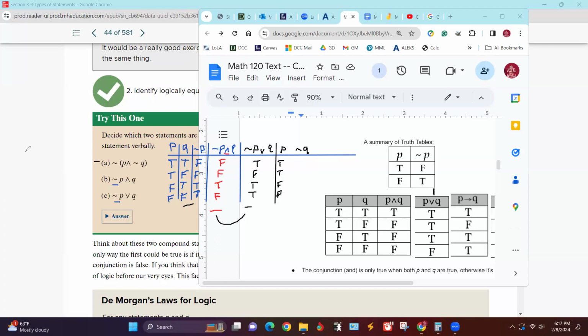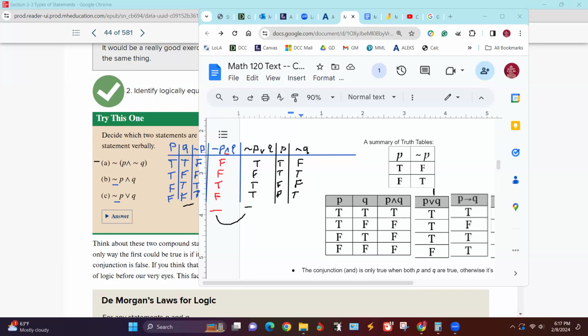Now the not Q is the opposite of the Q. So instead of true, false, it's false, true. The opposite of Q. All right.